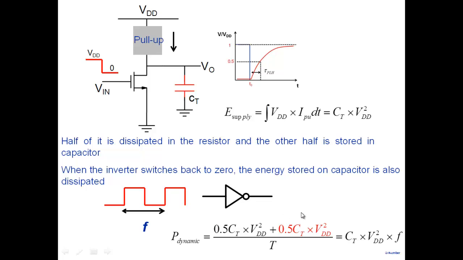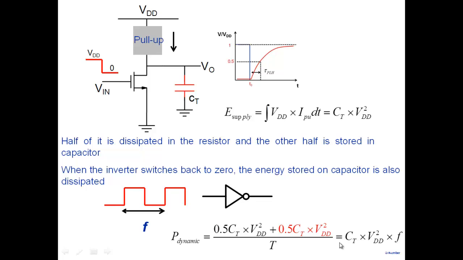Except for the clock, wherever the clock is actually going, that particular node is switching at clock frequency. Most of the nodes would not be switching at that frequency. Sometimes they would be switching, sometimes they would be dormant. Then again some signal comes and they start switching, again they'll be dormant. So for a particular node, I cannot simply put an F there, the clock frequency.